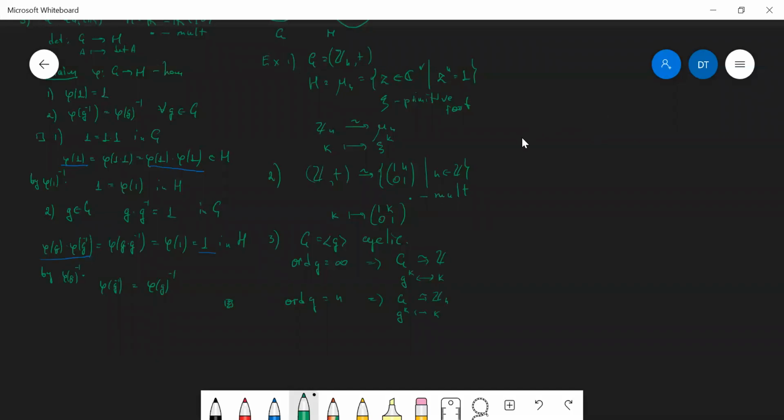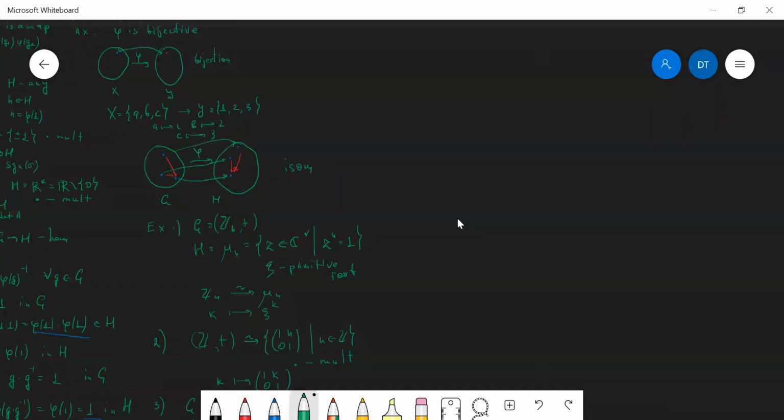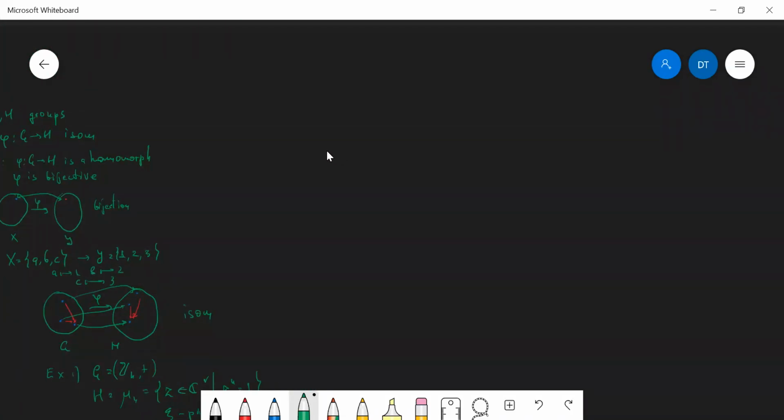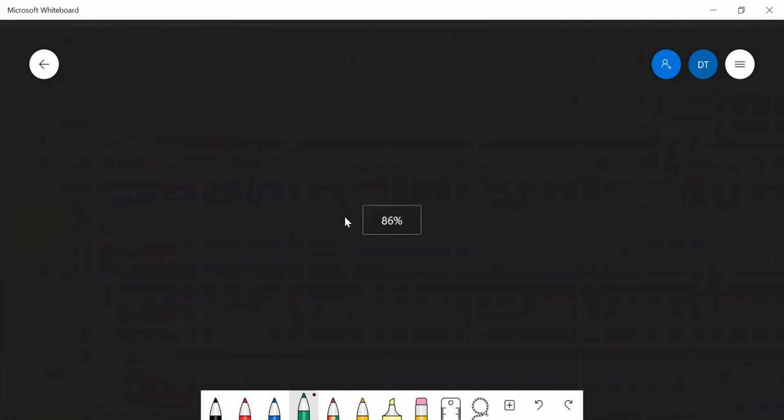Okay, so now each homomorphism has two additional groups related to it. If we have a homomorphism phi from a group G to a group H, then we may define the kernel of phi and the image of phi. What is the kernel of phi?